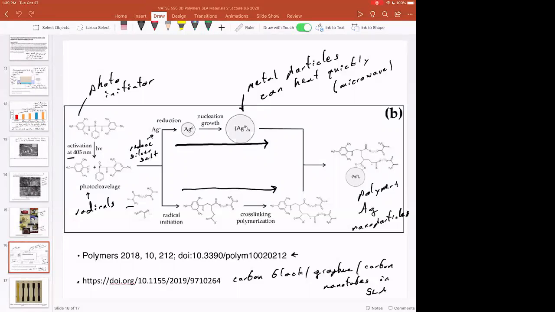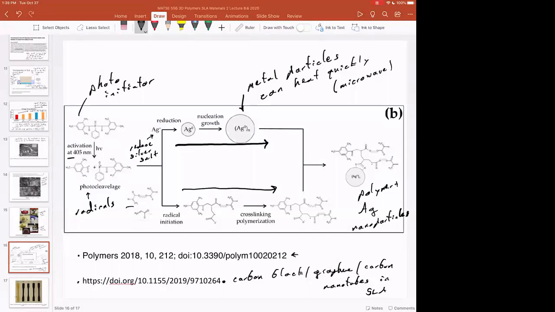We wound up on this slide last time, and we were a little hustled at the end of lecture. So I want to make sure to show you these two papers because I think they're really cool. The first one at the bottom here is SLA that includes graphene.